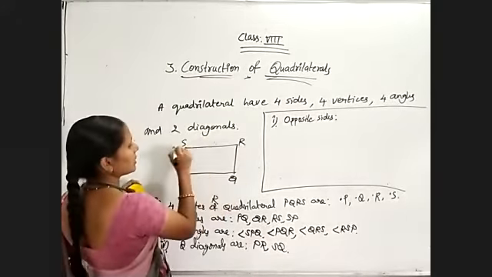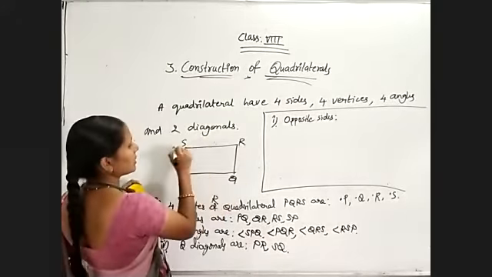parallelogram. This is the basic quadrilateral. A parallelogram is a quadrilateral, meaning it compulsorily has 4 sides, having 2 pairs of parallel lines. This indication denotes parallel lines.